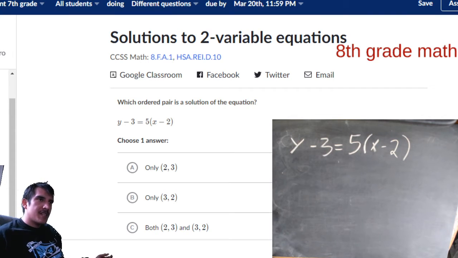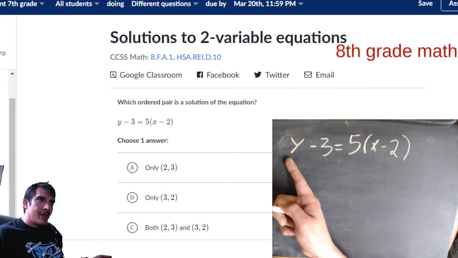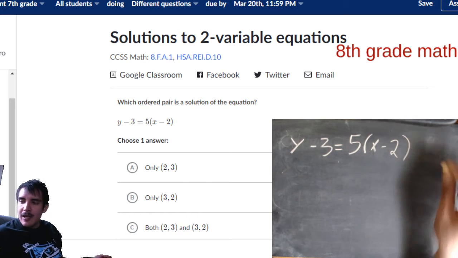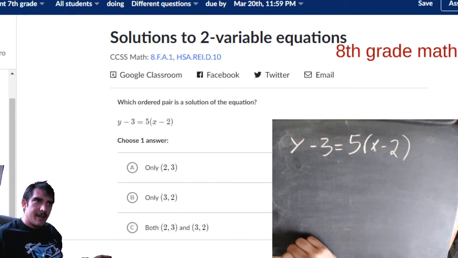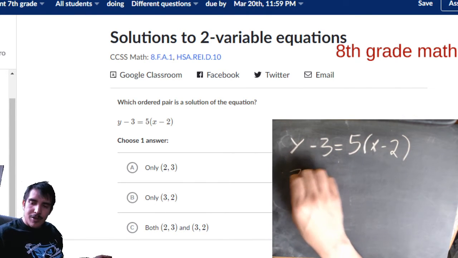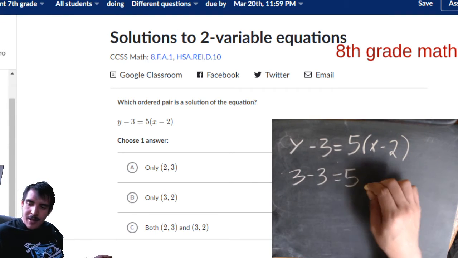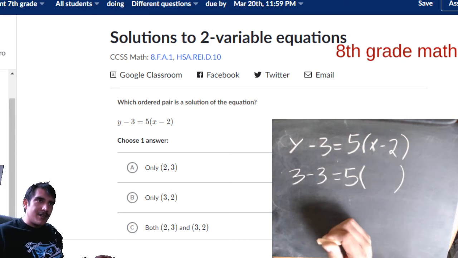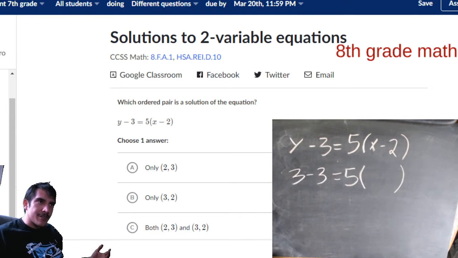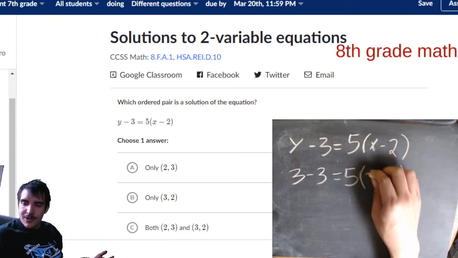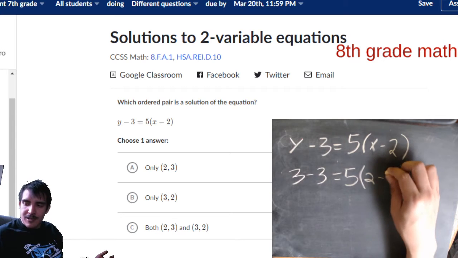So the first option says 2 comma 3. Let's try 2 comma 3 real quick. The y value in the point 2 comma 3 is 3. So I'm going to put 3 minus 3 equals 5. And then the x value in the first option is 2. So I'm going to put 2 and then drop down the minus 2.